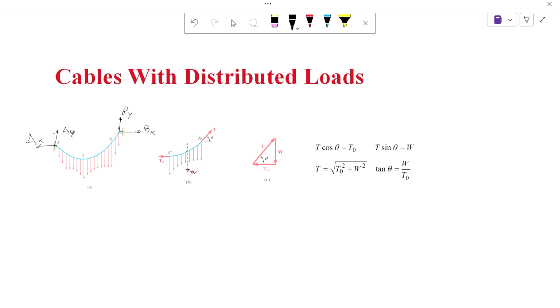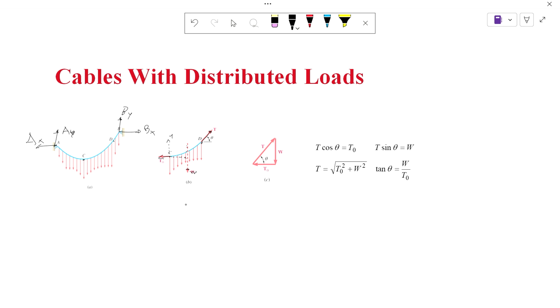So the load W from, say, point C and point D, and another one from point A and point C, etc. You just start cutting your cable, and then what you have is this tension right here. And if you notice, if this is your x-axis and your y-axis, this force is with respect to the x-axis. That's why we cut it at point C. And that's why we specify point C to be right at the minimum.